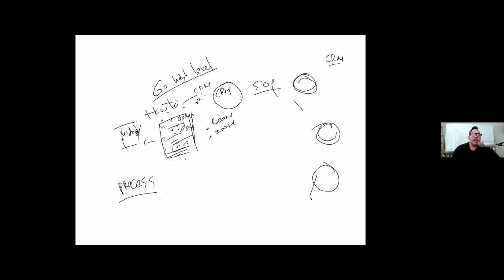So a process is a sequence of activities, and the SOP is basically the specifics, the detailed sequence, the detailed activity.